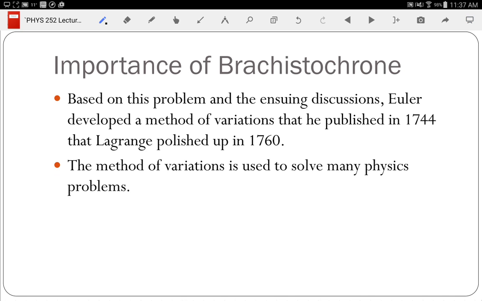Lagrangian mechanics is actually the energy method, but it's using a variation of the Euler method, from the brachistochrone problem, in order to solve these problems. And all physicists love it because you make a Lagrangian that is your kinetic energy minus your potential energy, and then you just take the partial derivative of this equal to the partial derivative of that, solve the equation, and it tells you what's going to happen. It turns out to be really simple.